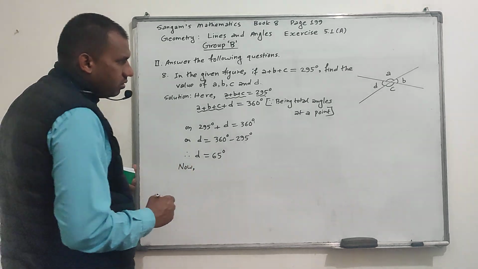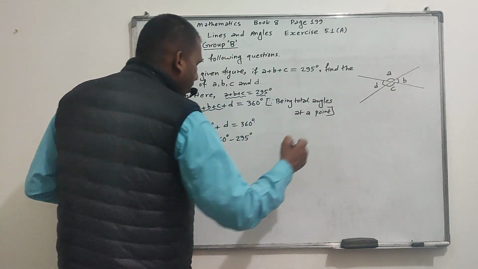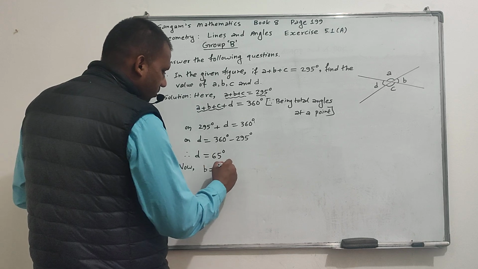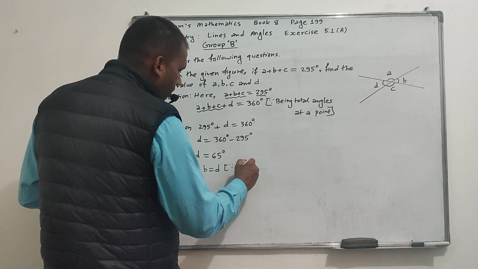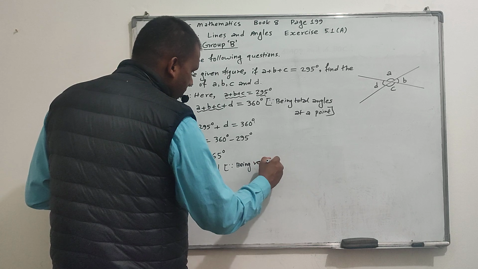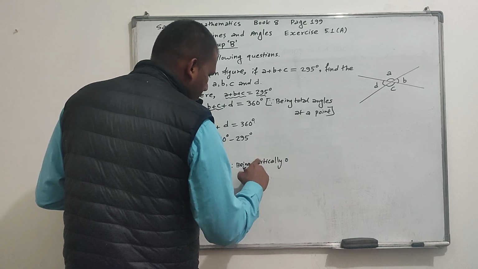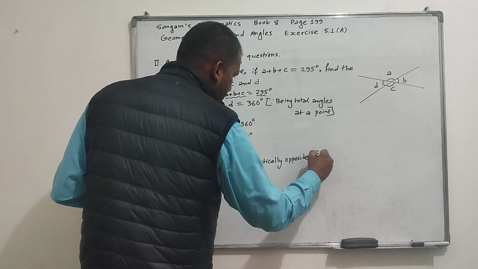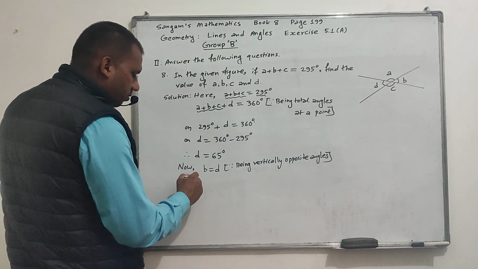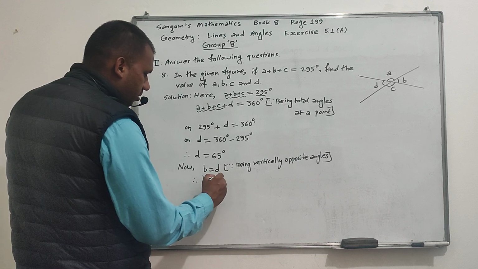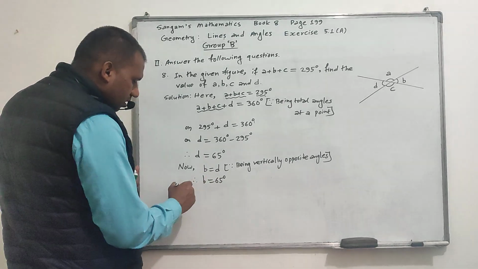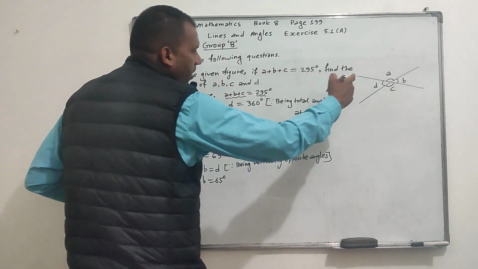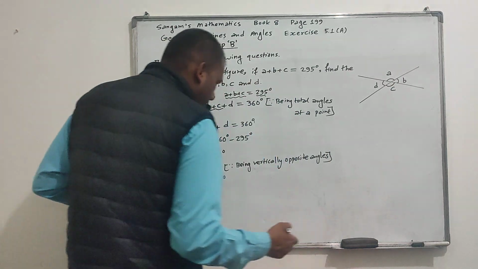Now b and d are vertically opposite angles. So we can write b equal to d, because being vertically opposite angles, so therefore b equal to 65 degrees, and a and b make a straight angle, so they are supplementary angles.